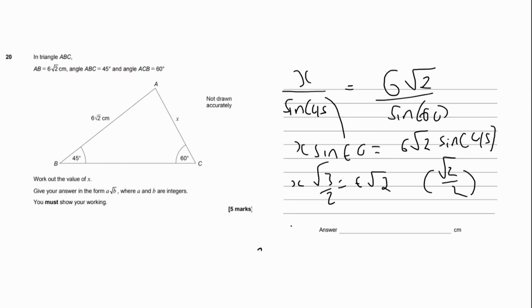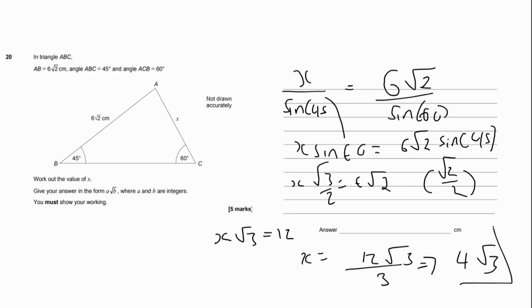We don't have space, let's just write this here. x root 3 equals 12. So x is equal to 12 root 3 over 3. So x is equal to 4 root 3. And that is your final answer.